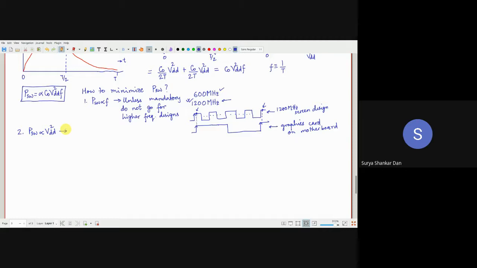In the same technology node, let us say 180 nanometer technology node, where VDD is equal to 1.8 volts, at 180 nanometer, take note. Then, can we design the circuit with lesser VDD? You can argue that okay, it is a 180 nanometer technology node, but I am going to put, let us say, 0.9 volts. That is half of the maximum VDD. Will that work or will it not work?